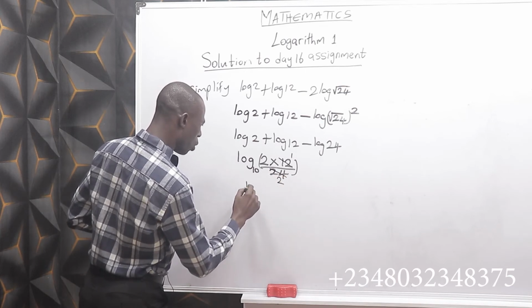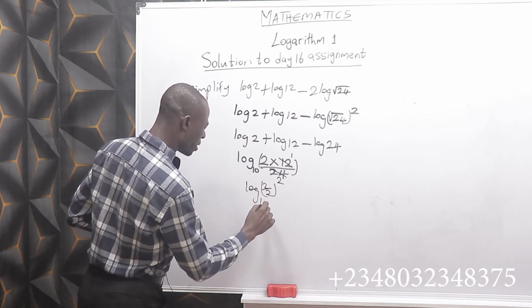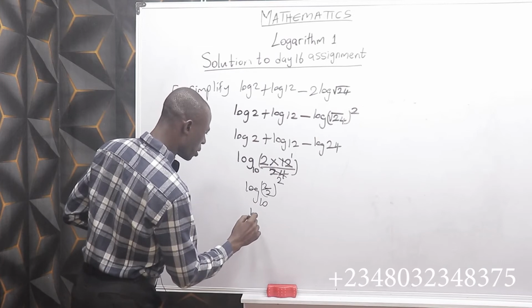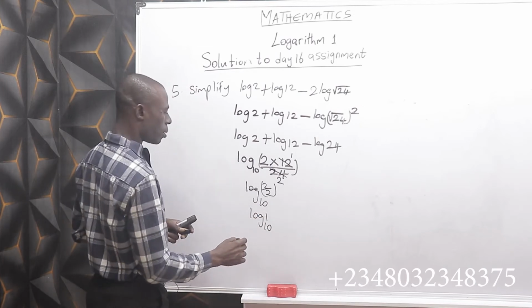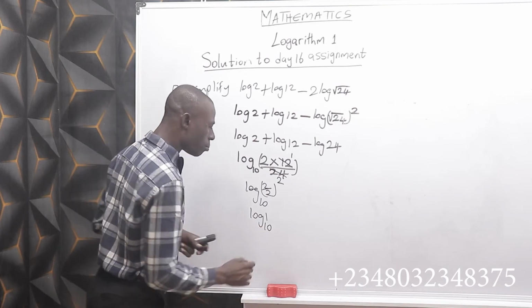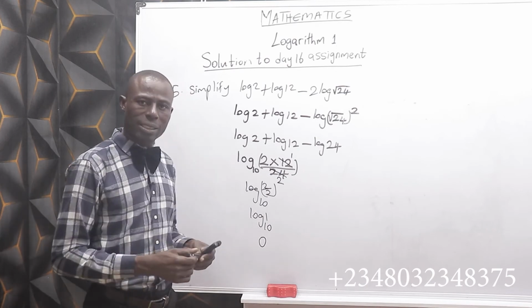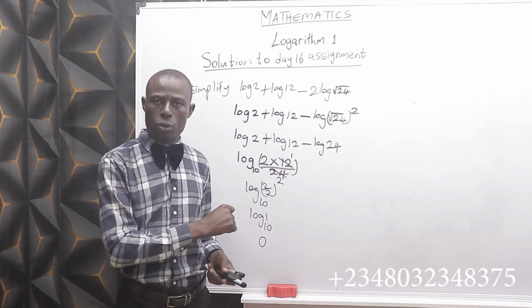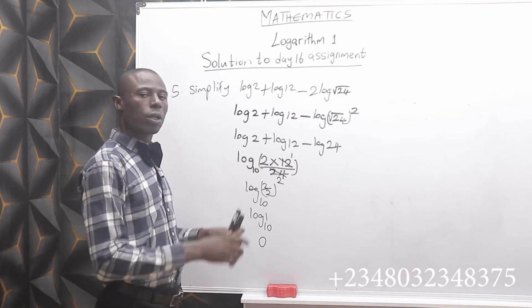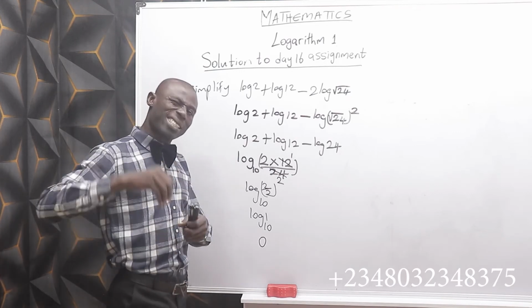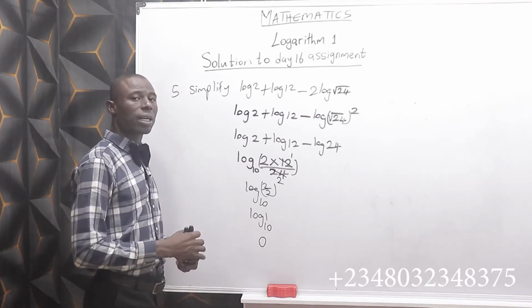So we have log 2 over 2 base 10, which is log 1 base 10. Log 1 base 10 is equal to 0. Don't forget, it's one of the laws that I've taught you, that once you have logarithm of 1 to the base 10, the answer is 0. So that is the end of that.